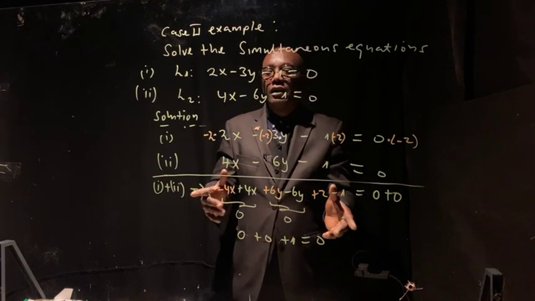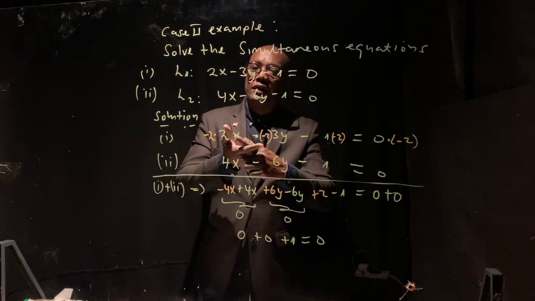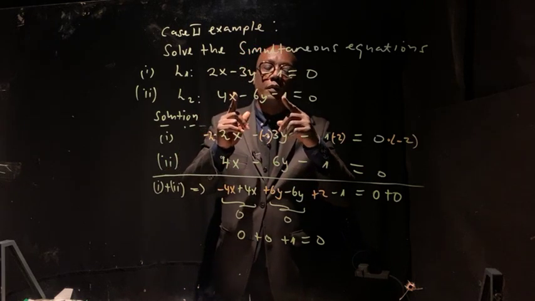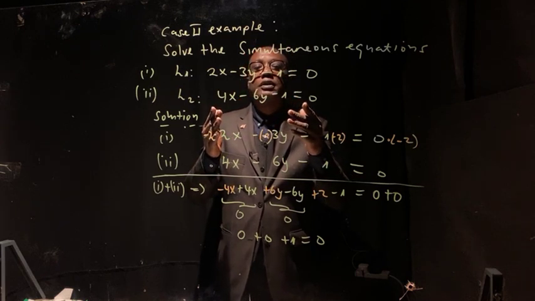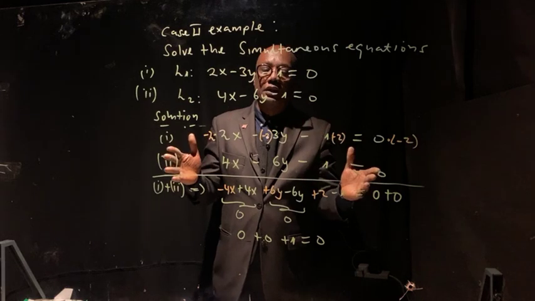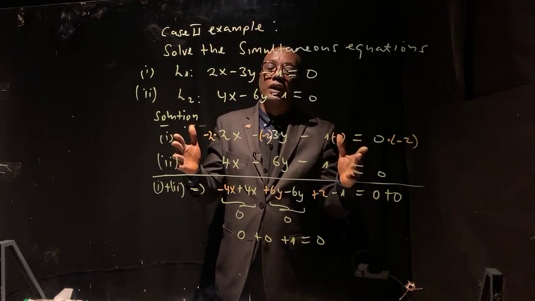It tells you that the two lines have nothing in common in terms of intersection. The only relationship that they have in common is that they are parallel. They are inconsistent in terms of their equation.